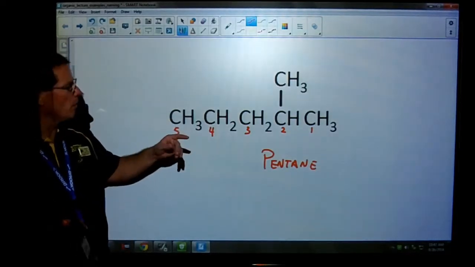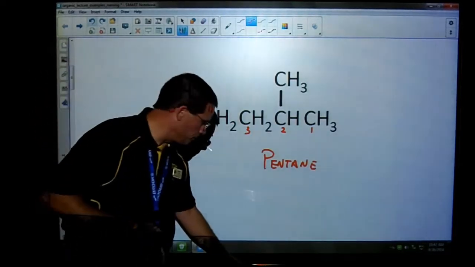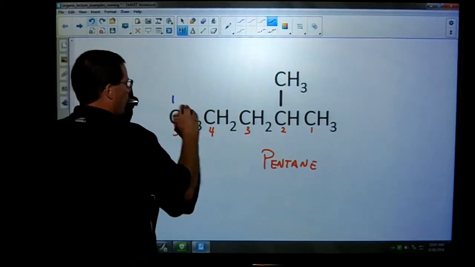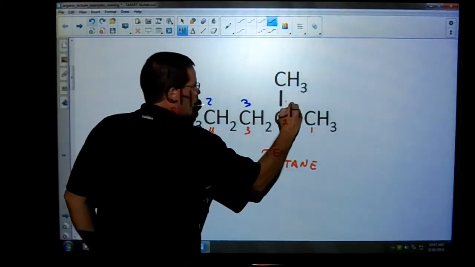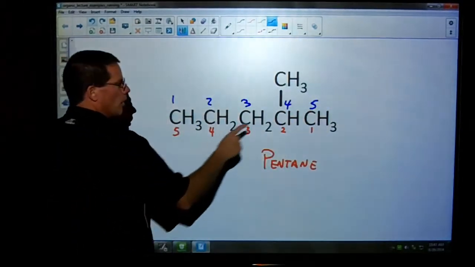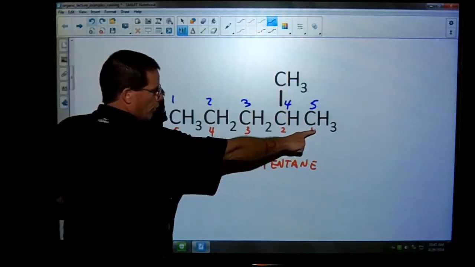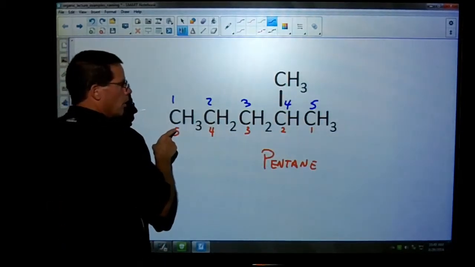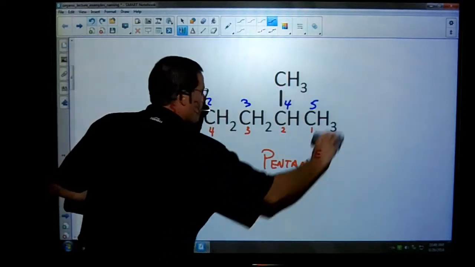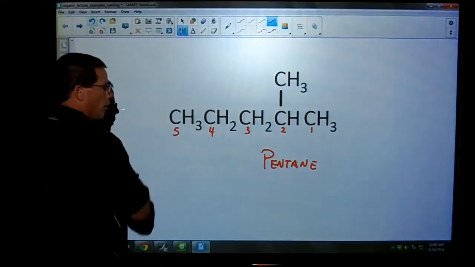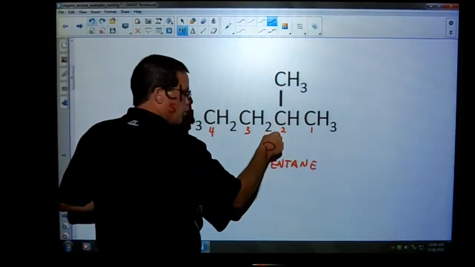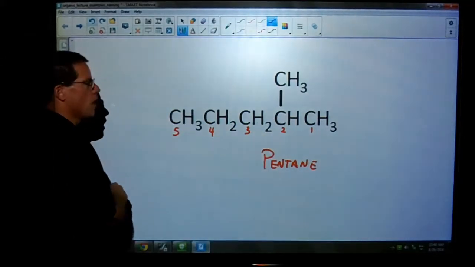That is my numbering, because what I would not do is number 1, 2, 3, 4, 5 from the other end, because the branch is closest to this carbon rather than this carbon. So the top numbering would be a bad numbering system, and we don't want to use that one. We want the lowest number where the nearest branch is.